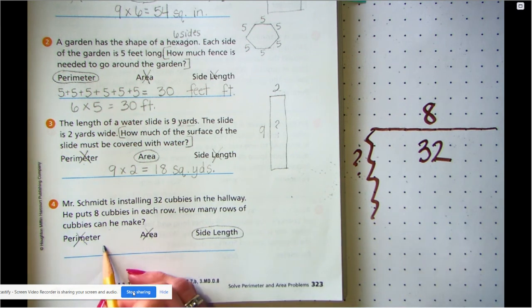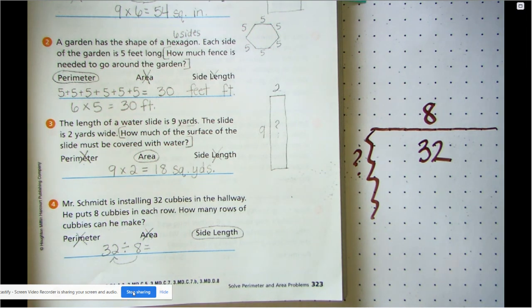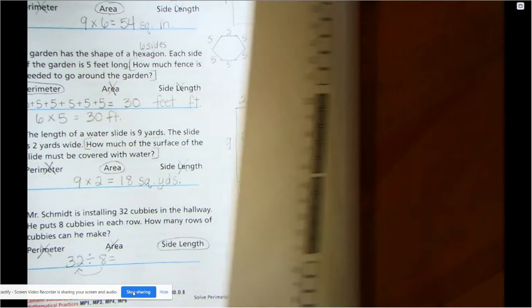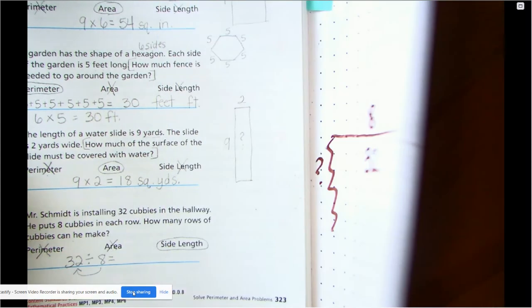So we're going to take our total on the inside, and we're going to divide, and we're going to count, remember, count by 8s up to 32. You can use the opposite side of your number path, right, to circle groups of 8. How many times do we do that? Let's look and see. Let's circle one group of 8.